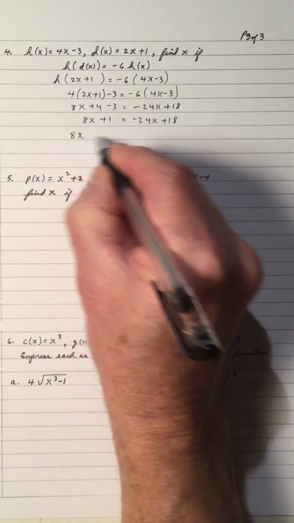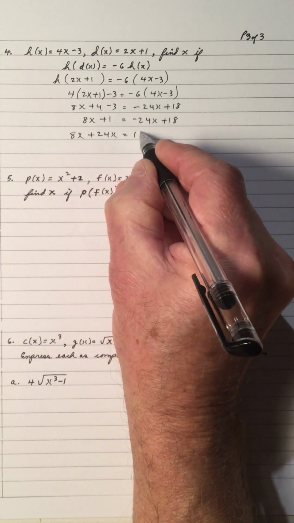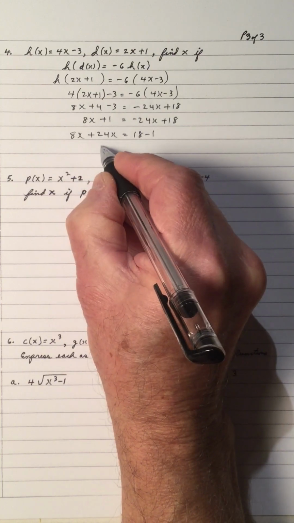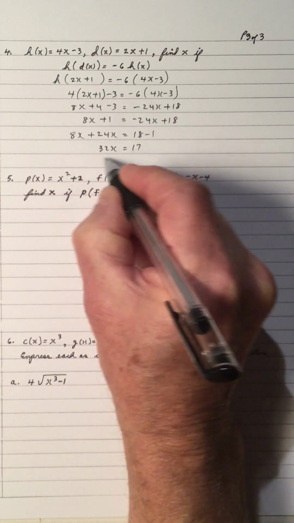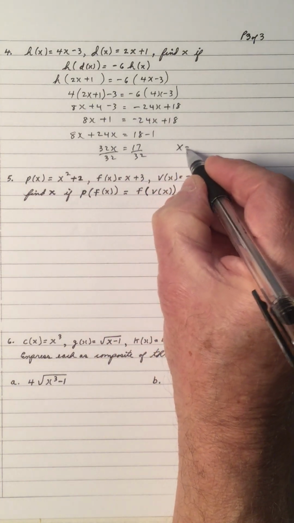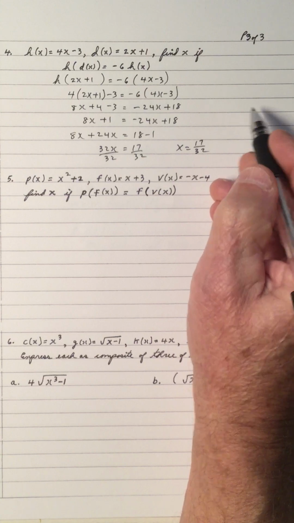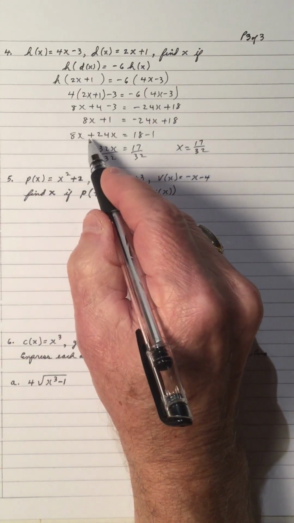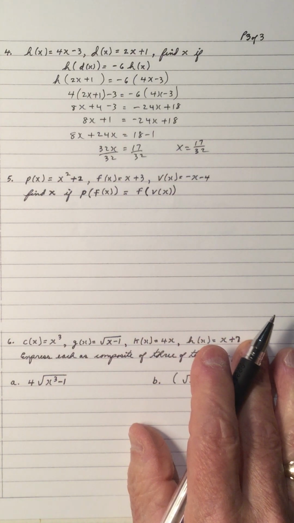Now we got 8x plus 24x, 18 minus 1. So that's 32x equals 17, divided by 32, and x equals 17 over 32. Again, this is a linear, so the x's move to the left, the numbers move to the right.